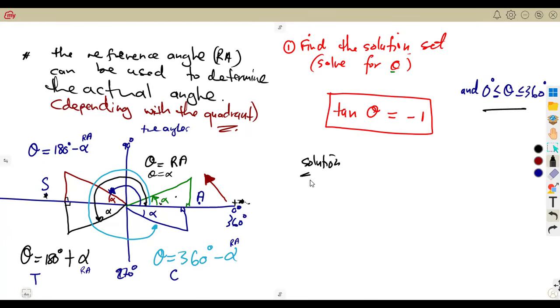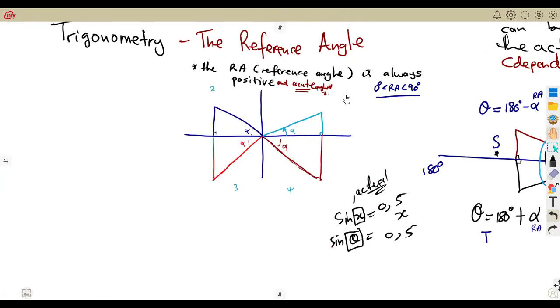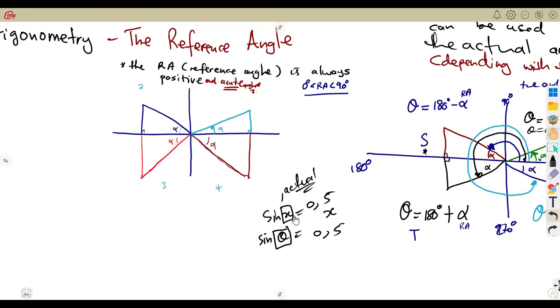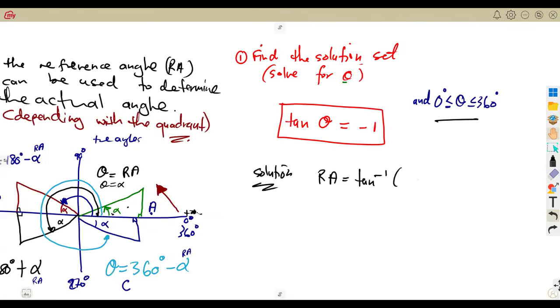As usual, first thing, reference angle. For the reference angle, remember I said arctan of what? The number that you give, but ignore the negative. There's a negative there, but to determine the reference angle, remember, I said you ignore the negative that you're given.